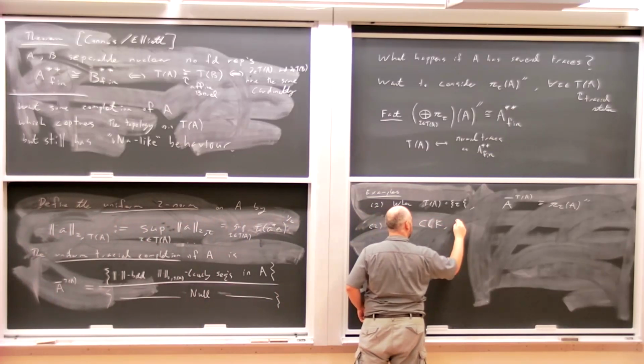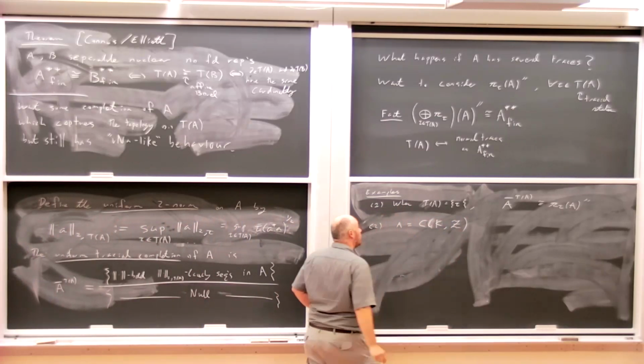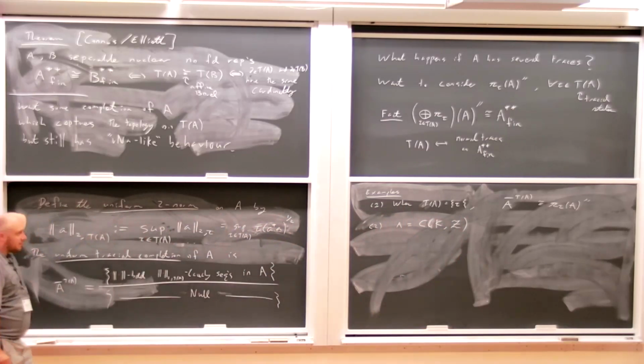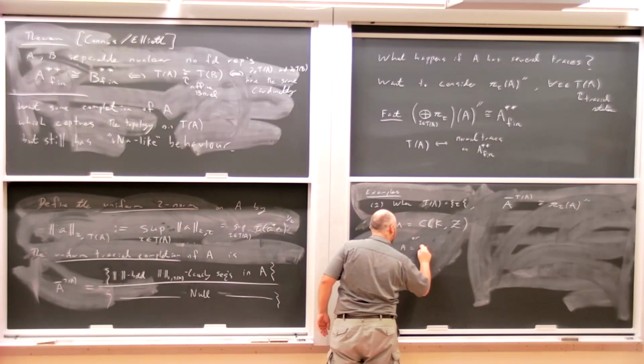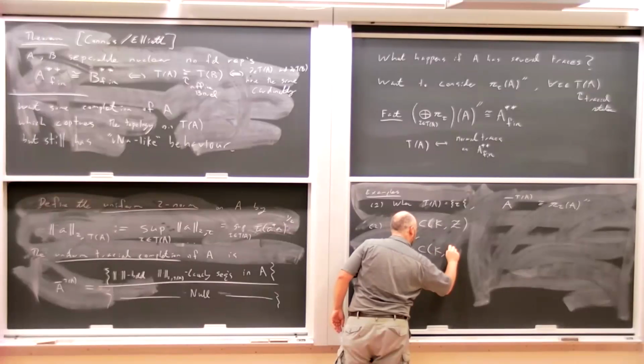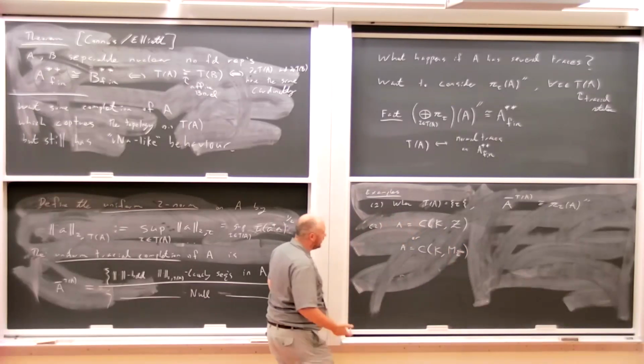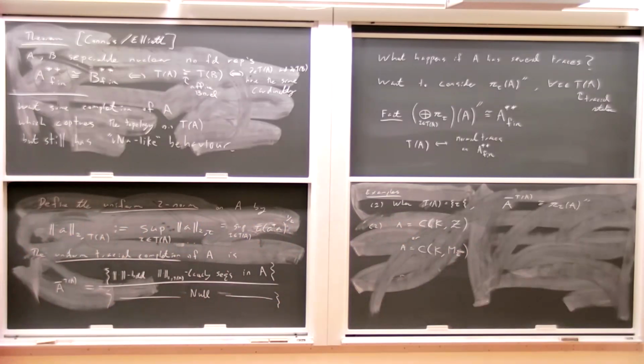Let's make a more interesting example. You take continuous functions from, say, a compact Hausdorff space K to the Jiang-Su algebra, or if you don't want to think about Z, replace it with a UHF algebra, and it comes out to the same thing.